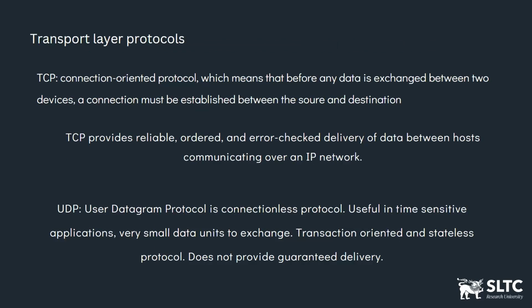Then we have the transport layer protocols, which are basically TCP and UDP. The TCP protocol is a connection-oriented protocol, which means it establishes the path through which the data packet will be delivered from the source to the destination before sending data between the devices.